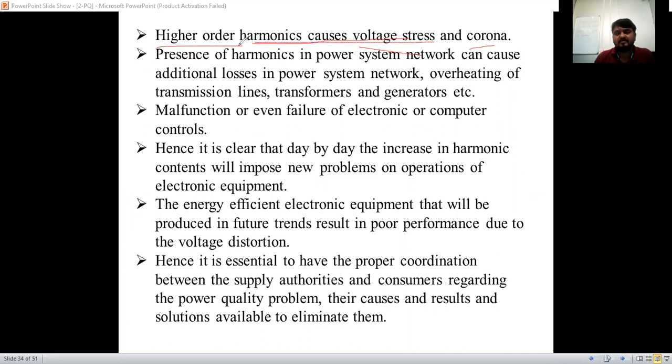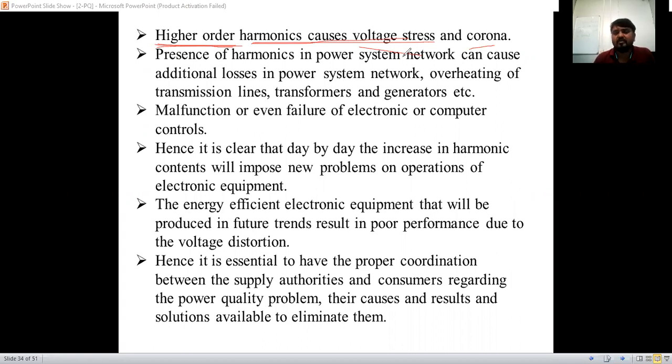In the electrical system, what do you mean by corona? Voltage stress is going to occur, and it is going to cause the corona effect. We see that in the high transmission line, at that place we get the corona effect.